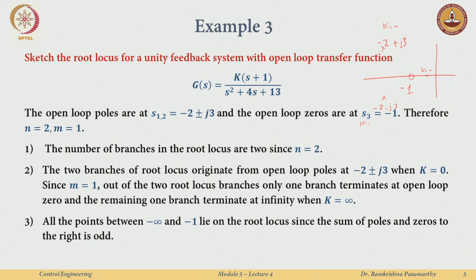So, if there is an odd count before this point, there will be an odd count after it. So, at least I know that this entire line on the real axis, starting from the left of -1, is on the root locus. I will not even draw the arrow at the moment, just to be safe.